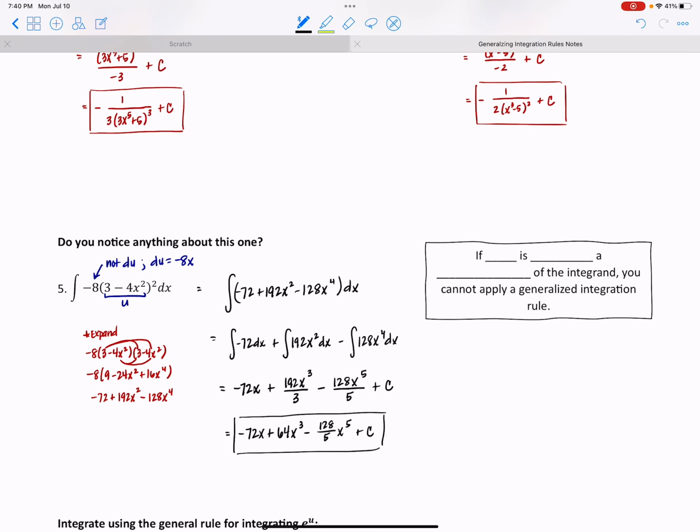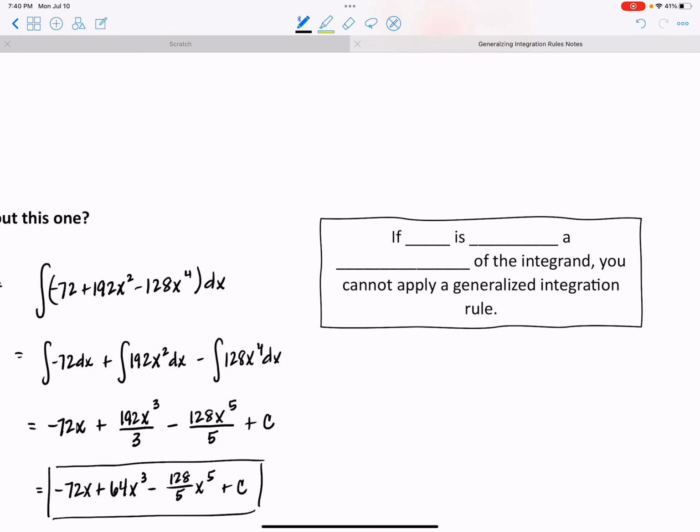Okay? So again, I just wanted to reinforce that you cannot use your generalized power rule if you differentiate your composition and the derivative of that inner function is not a factor of the integrand. So if du is not a factor of the integrand, you cannot apply a generalized integration rule.